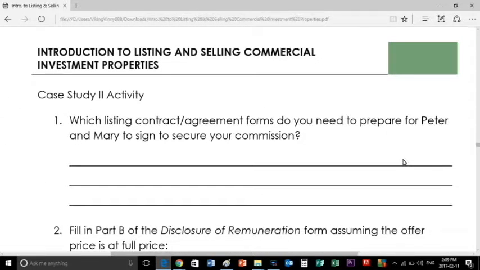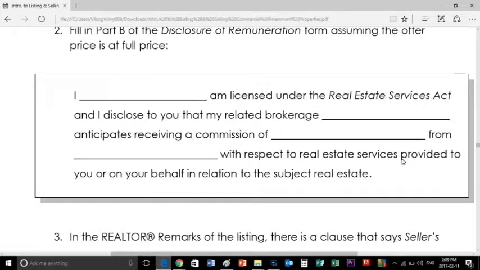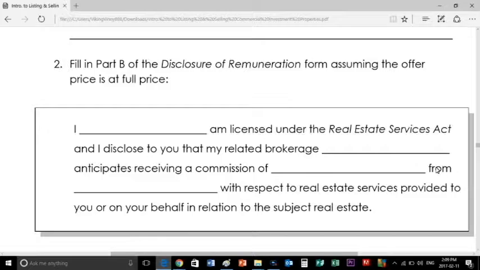So, case study 2 activity. Number 1, which listing contract agreement forms do you need to prepare for Peter and Mary to sign to secure your commission? 2, fill in Part B of the disclosure of remuneration form, assuming the offer price is at full price.